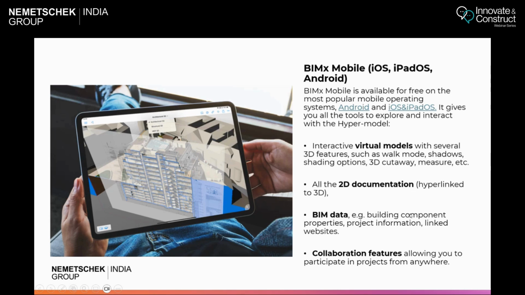We can get quick information on our BIM model, like all the building components and project information, and it also lets us collaborate within the BIMx model. So these are the features that are available in the Android and iOS app.